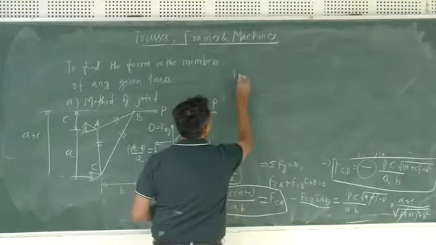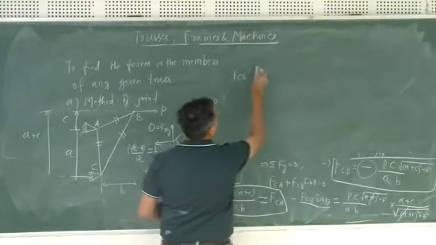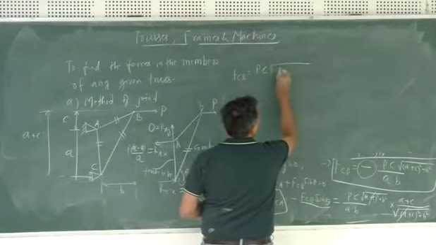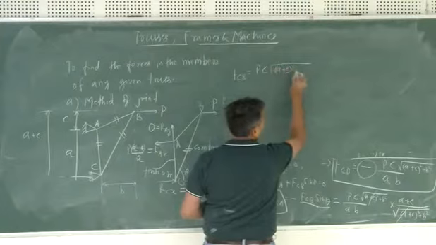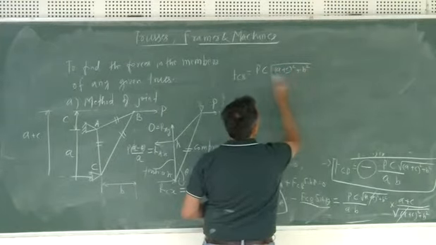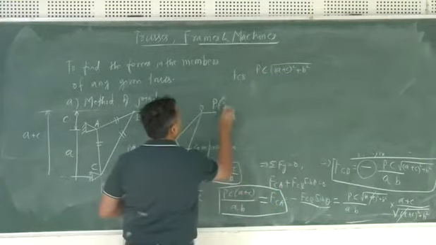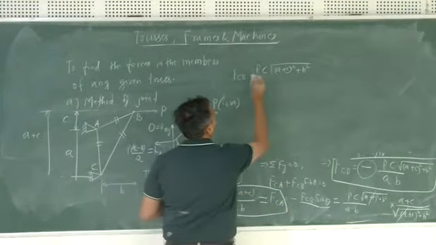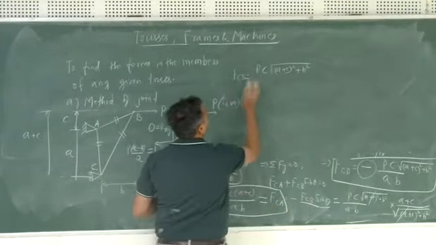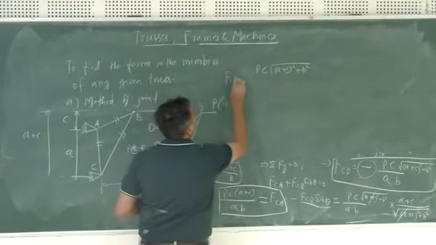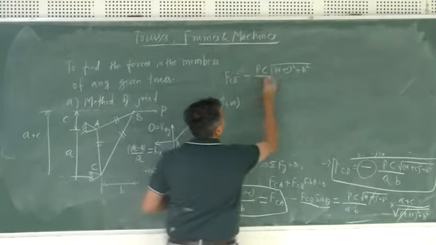So FCB is PC, A plus C whole square, FCB is equal to minus.